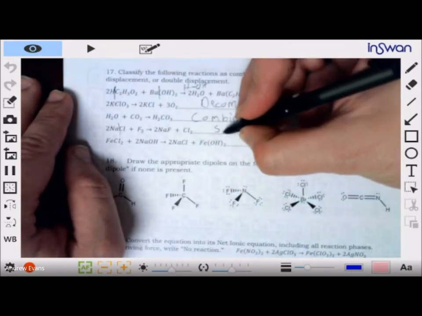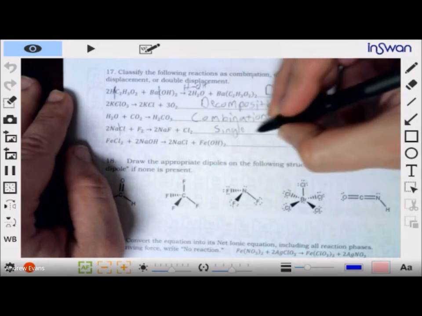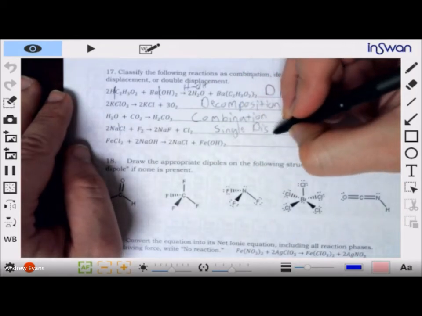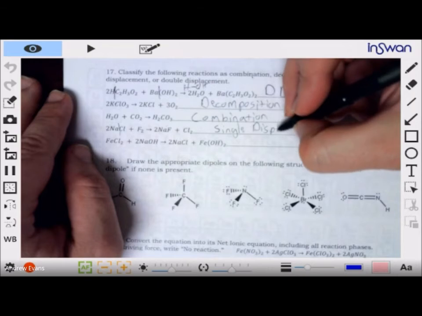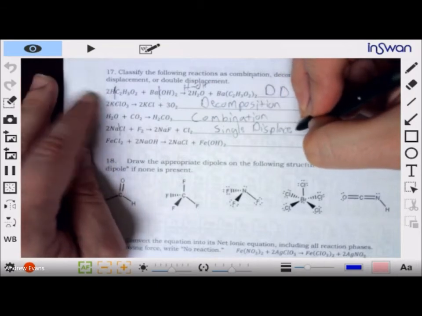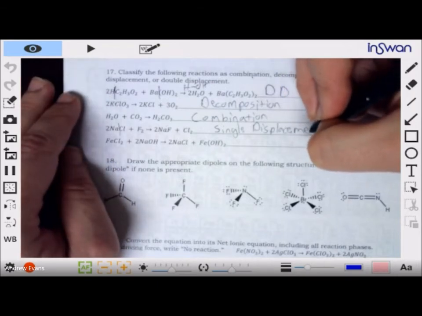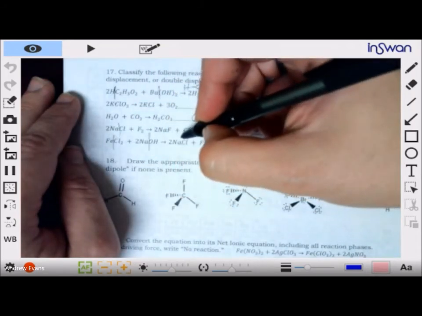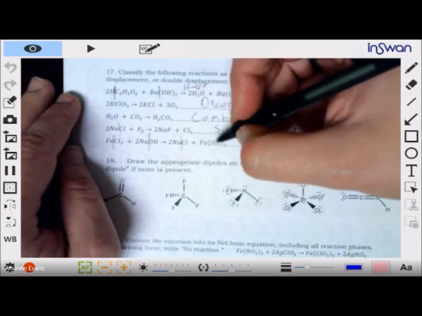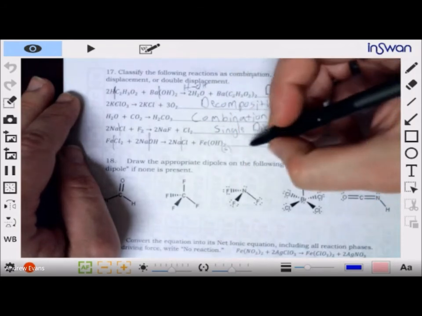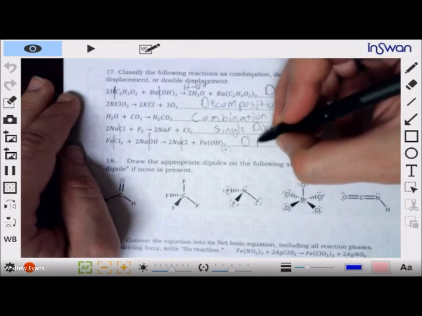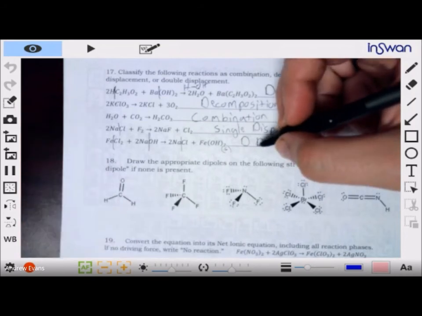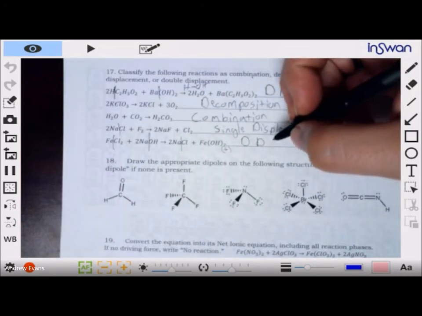That is a single displacement. And it's also a redox reaction, as is number 2. And finally, iron chloride and sodium hydroxide becomes sodium chloride and iron hydroxide. That would be another double displacement. That's also a precipitation reaction, but that was not the question.